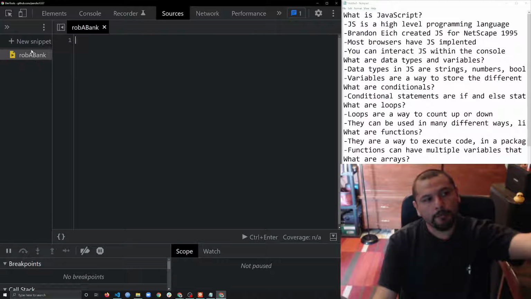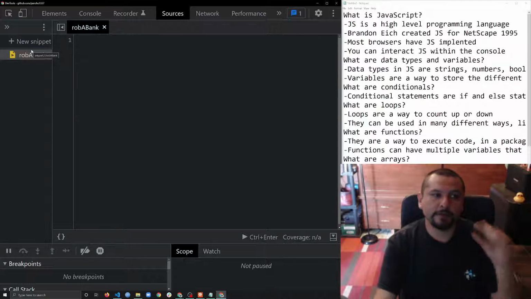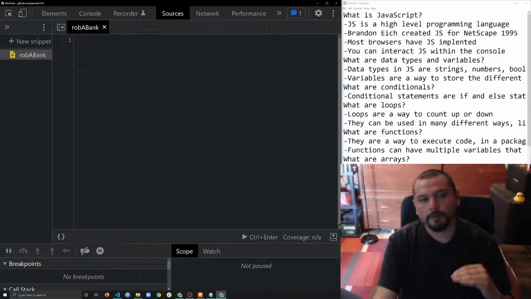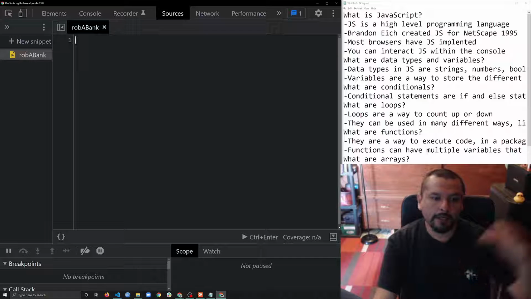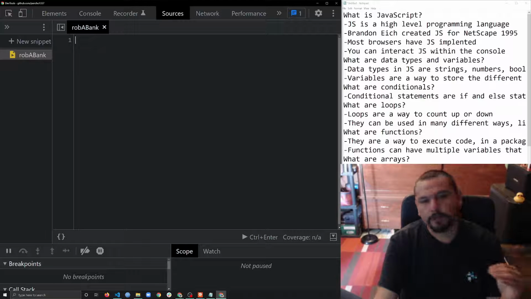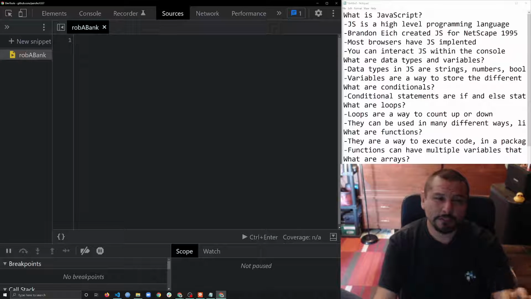We can create a bunch of little snippets, like pieces of code, where we can write our JavaScript and run it, and we can keep all of these little files saved up. I would suggest using this to work with JavaScript.